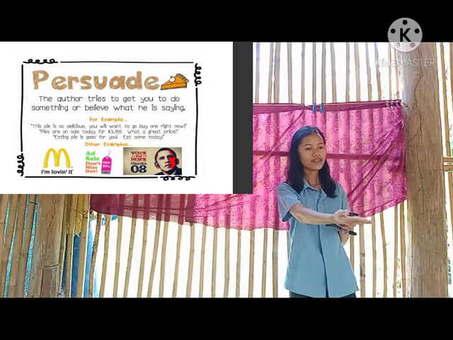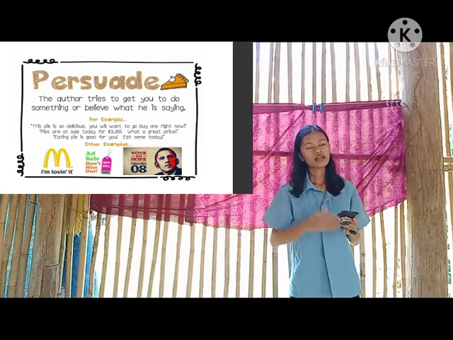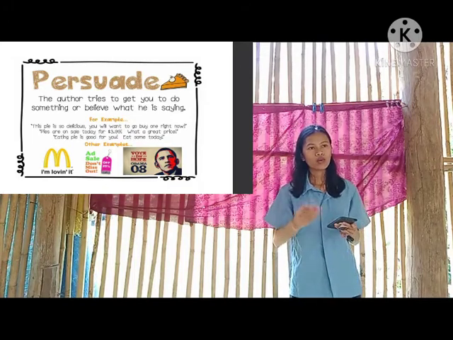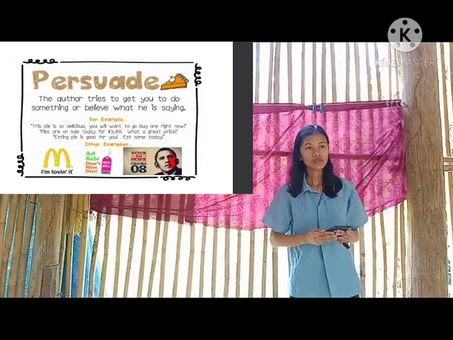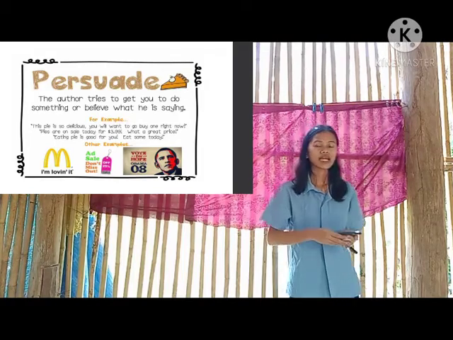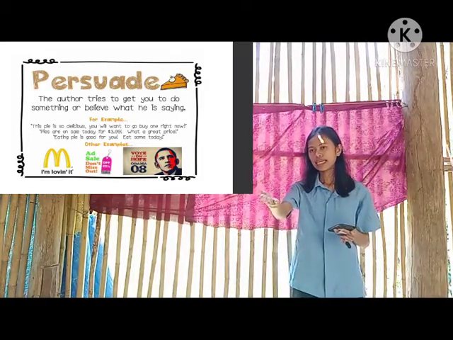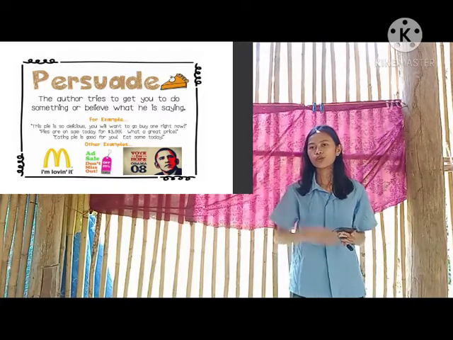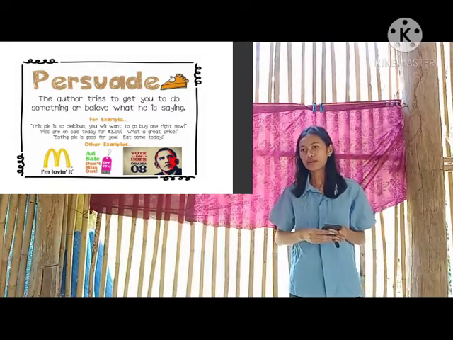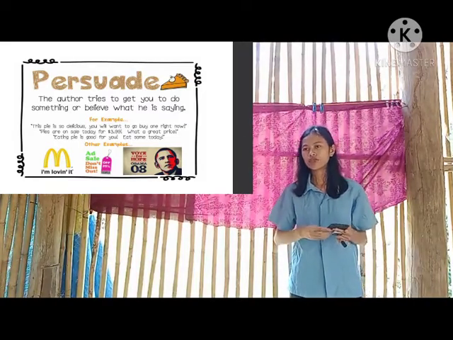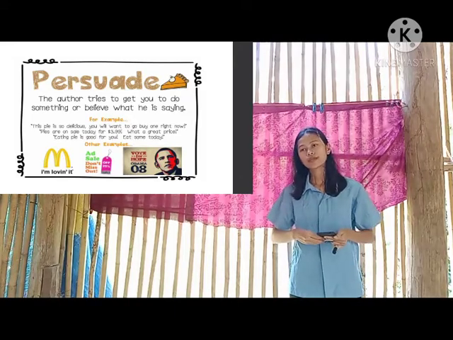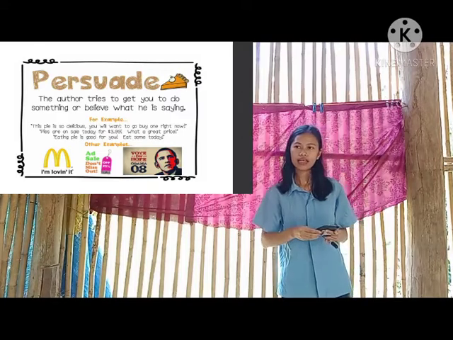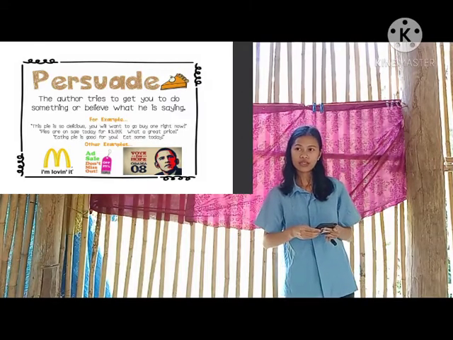Now, we have here Mickey. For you, Mickey, what is to persuade? Okay, correct. That is correct. And now, yes, Jane, for you, can you give me an example of a text persuading me to buy something, or a sentence persuading me to buy something? Can you persuade me to buy a cell phone?